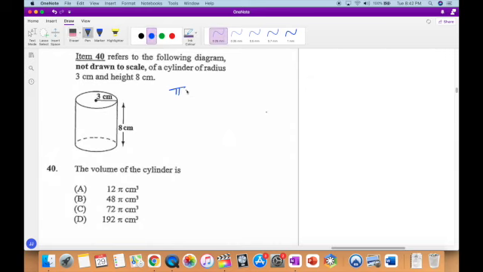But pi r squared is the area of that times 8 will give us the volume. So that means pi times 9 times 8. So that is 72 pi, which is C.